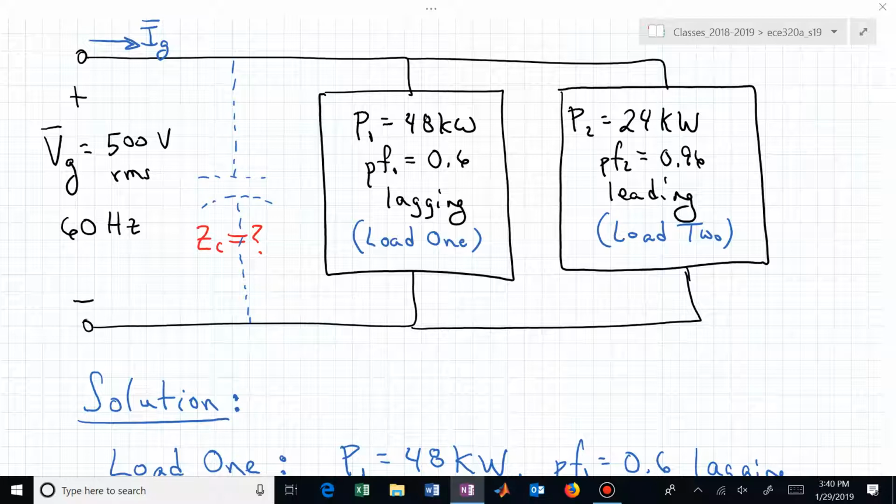What's the cosine of 45 degrees? Square root of 2 over 2, or 1 over the square root of 2, or 0.707. Here we're getting some power factors on either side of that 0.7. And now we want to know which one produces a bigger angle and which one produces a smaller angle than 45 degrees. 45 degrees would give us a power factor of 0.707.